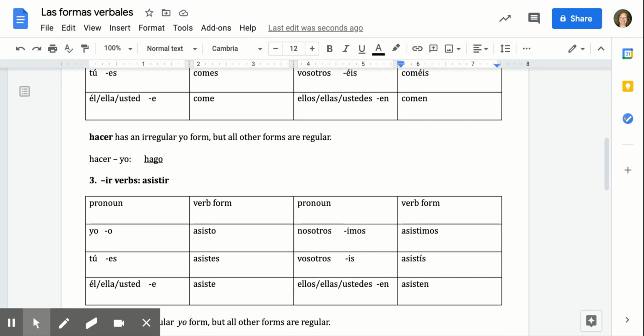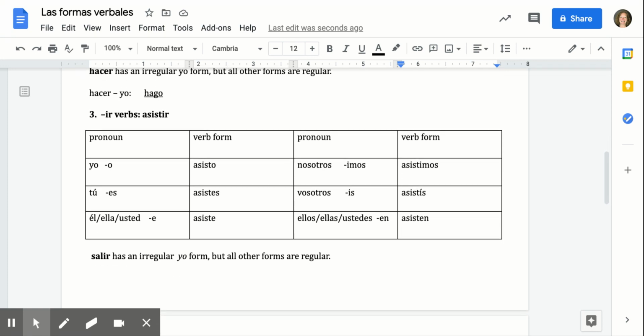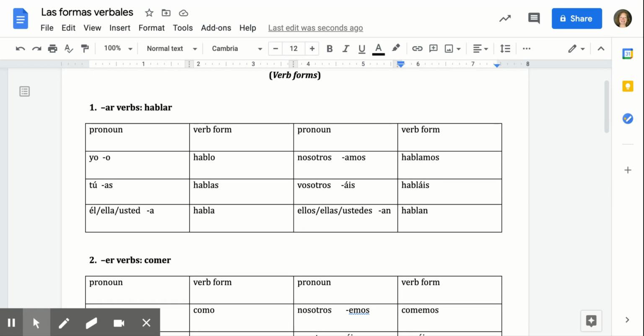And I don't know if I've said this, this is very important. I talk a little bit about this in the Edpuzzle video, but you can see that changing this ending, this one little vowel, contains so much information because it's telling you who's doing the action, like it's I, and it's telling you when I'm doing the action.